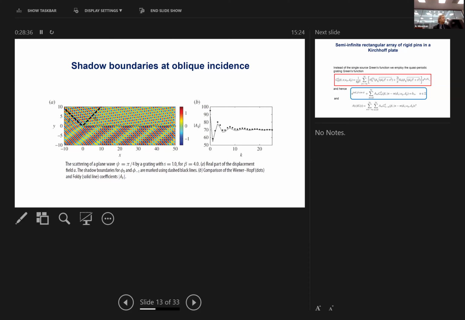And if you just want to look at the solution of the problem in the infinite periodic system, well, okay, it will give you some hints in the sense that you will have your Green's function for the infinite periodic structure, the quasiperiodic Green's function. But here we use this Green's function in the construction of the kernel of the equation.